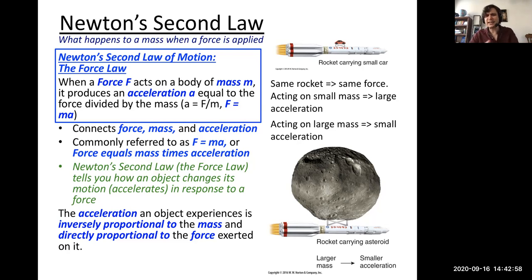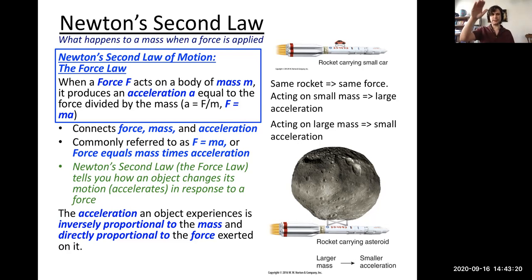So the acceleration that an object will experience is inversely proportional to the mass. This is my toy truck versus my real truck discussion here. If the mass is a lot larger, with the same amount of force, I'm going to get a smaller acceleration.